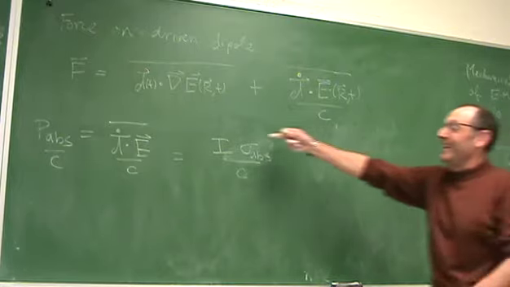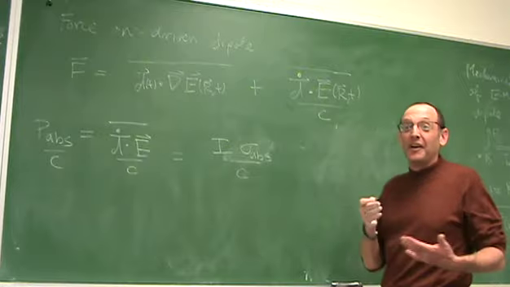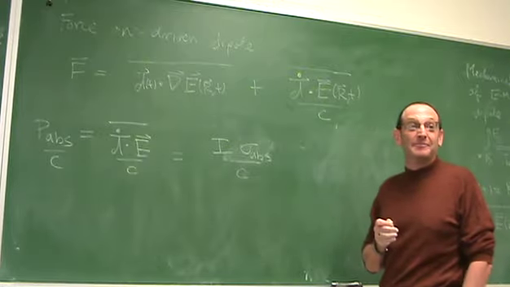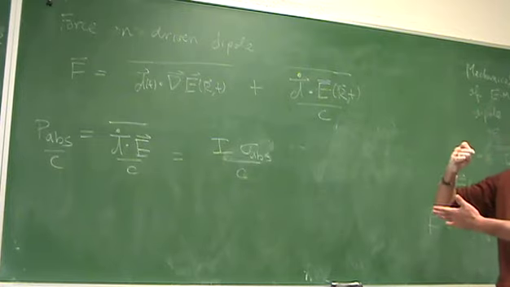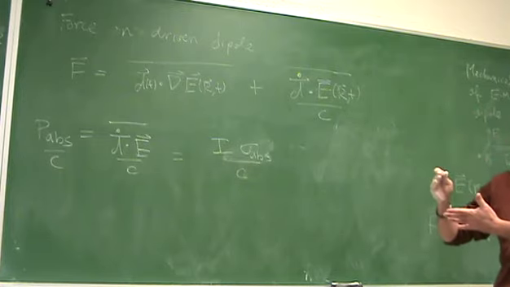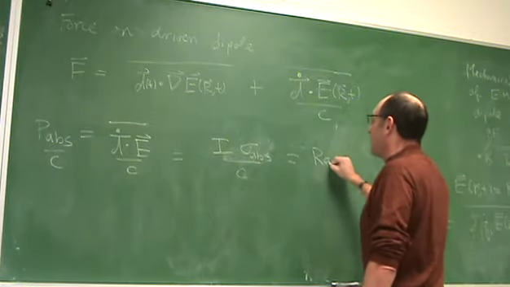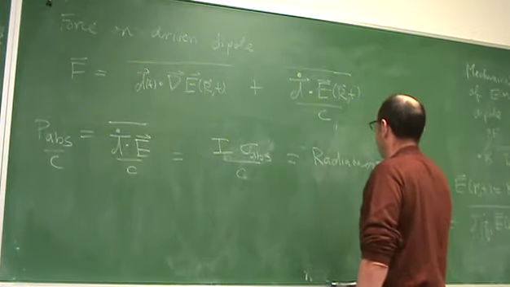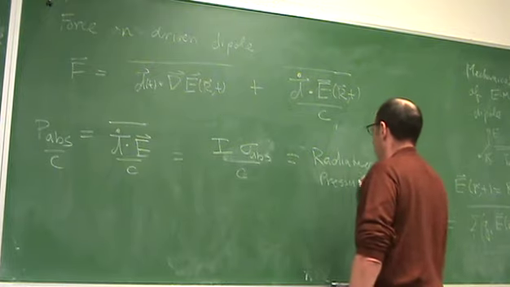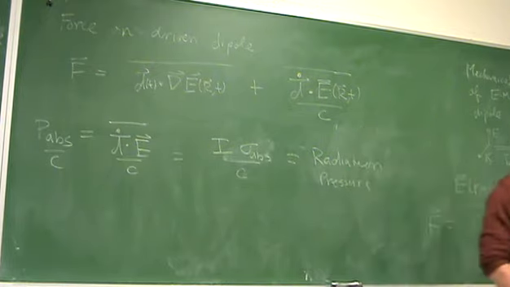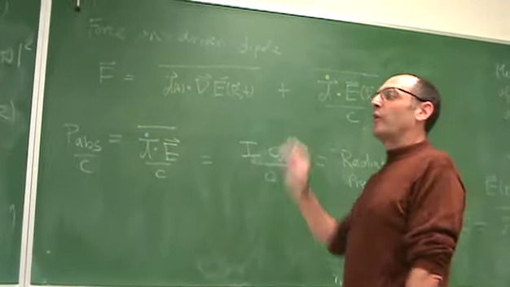But the intensity over c was what we call the momentum flux, right? We had the Poynting vector over c as a momentum flux. So this is just radiation pressure.